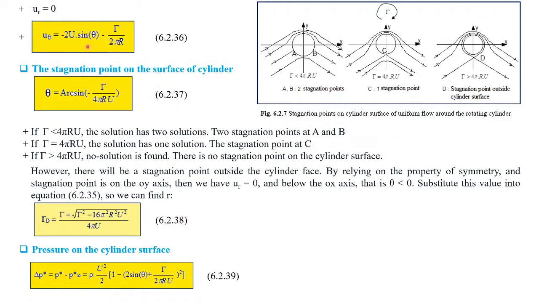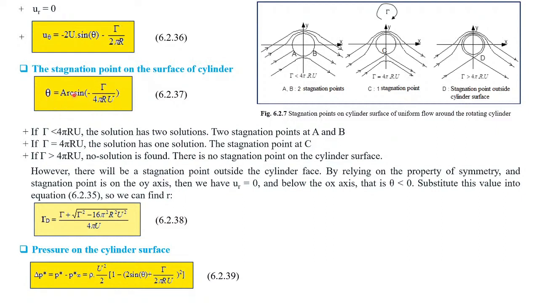Solving this equation, this one 0, you can find theta equals arc sine of minus gamma over 4 pi R U.